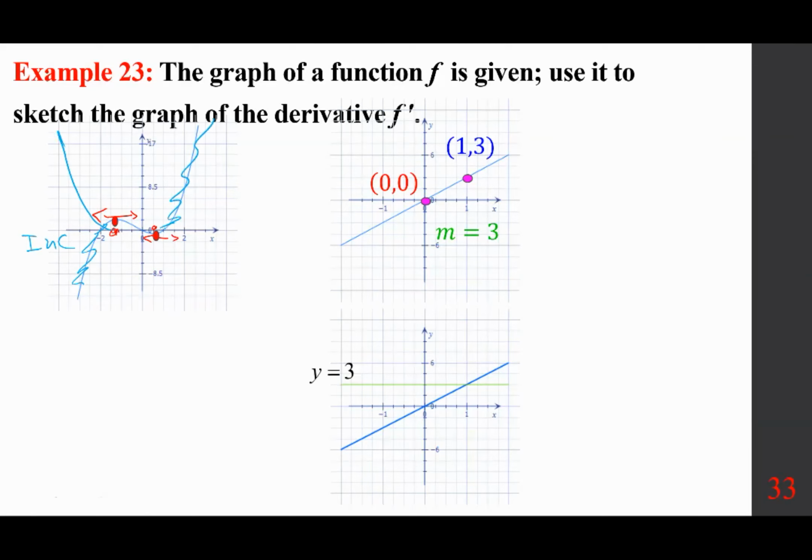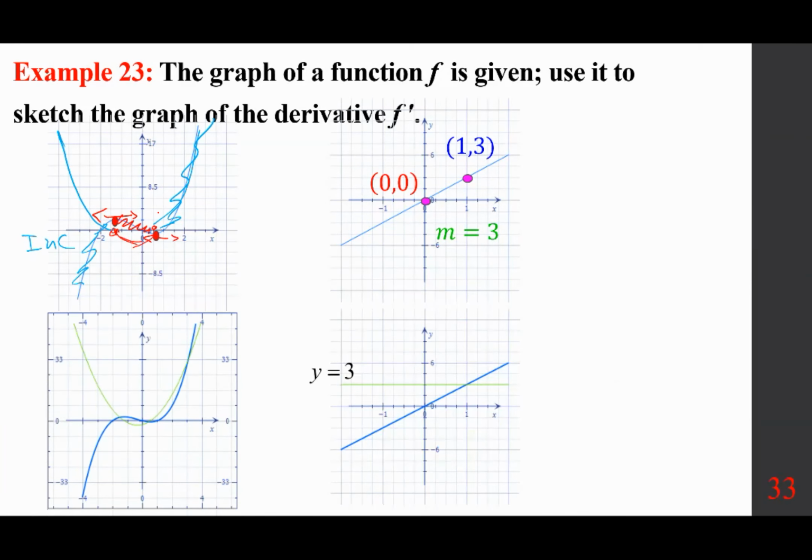This is increasing, above the x-axis. Decreasing, below the x-axis. And the graph looks like that. Rough sketch.